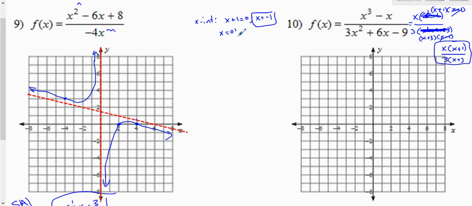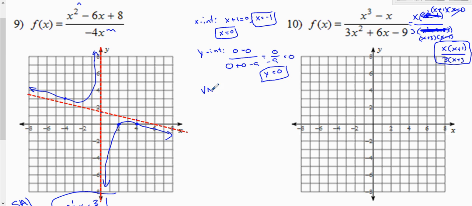So my x-intercepts are 0 and negative 1. For my y-intercept, I plug in the value of 0. I'm going to go back to the original function for this, just because it's much easier, because I get 0 minus 0 over 0 plus 0 minus 9. That's 0 over negative 9, which is 0. So my y-intercept is 0.